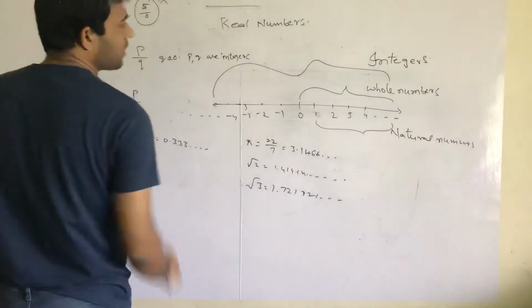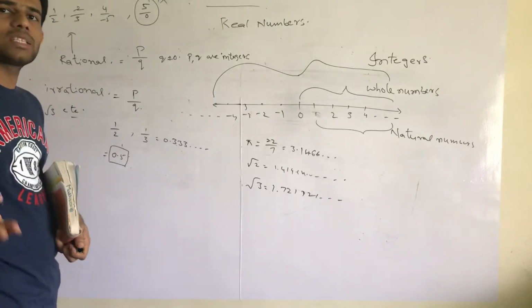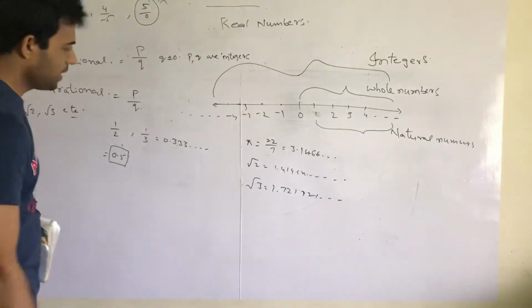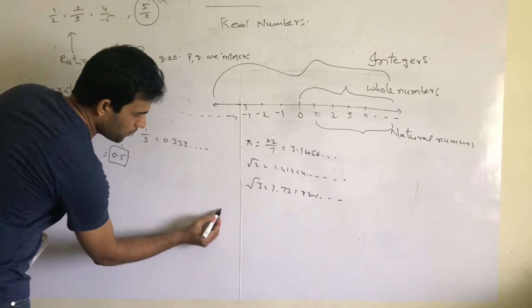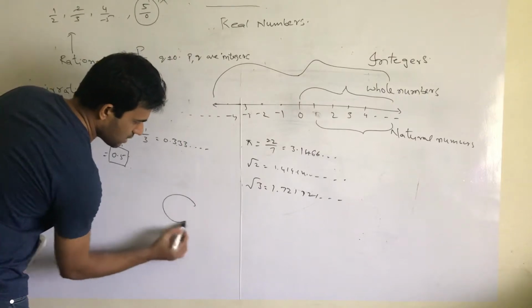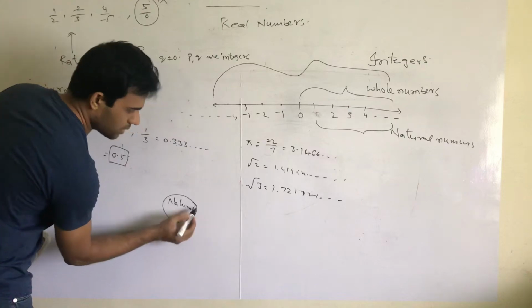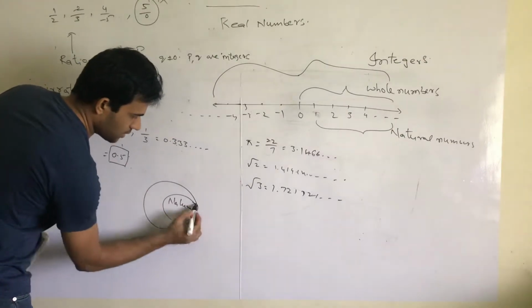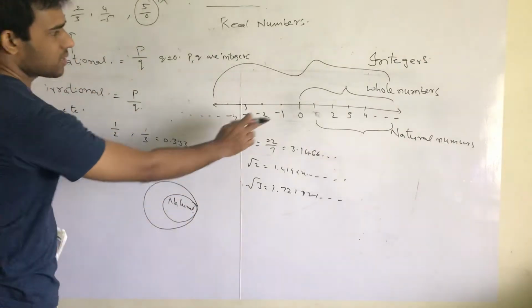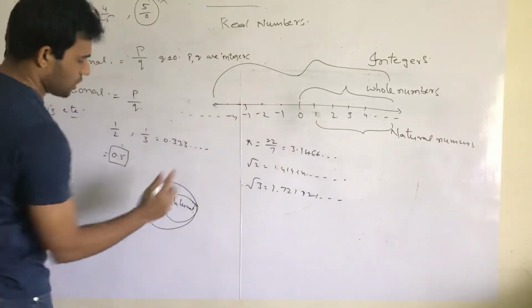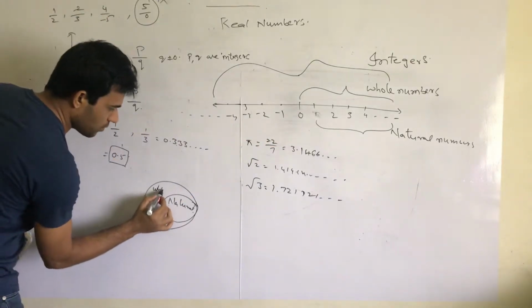Then what is a real number? So real number is a superset of everything. Okay. Let's say this is the natural number set, and natural numbers along with the 0 is the whole numbers. So it is a superset of natural numbers.